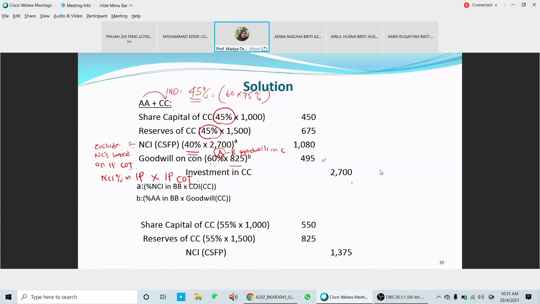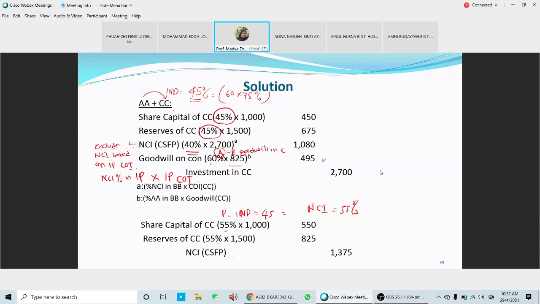And then credit investment 2.7. For the NCI, since the parent has indirect interest of 45%, it means that NCI has the other 55%. So share capital, reserve, and then the NCI.